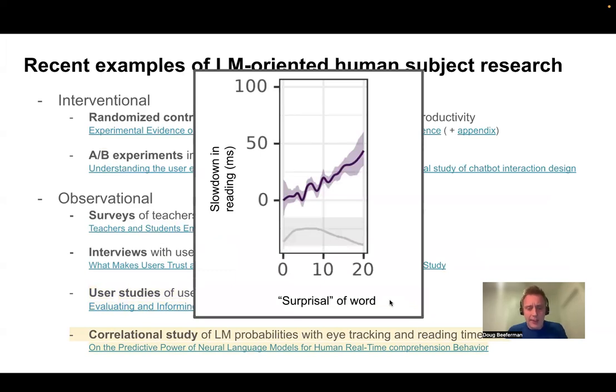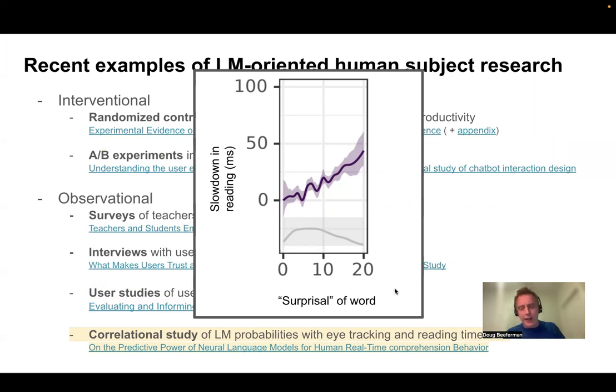Also under the observational category, sometimes broken out separately into the analysis category, is the correlational study. In this case, the researchers, some MIT researchers I believe, looked at data that already existed. In particular, there was a corpus of eye tracking and reading times by word for different data sets.